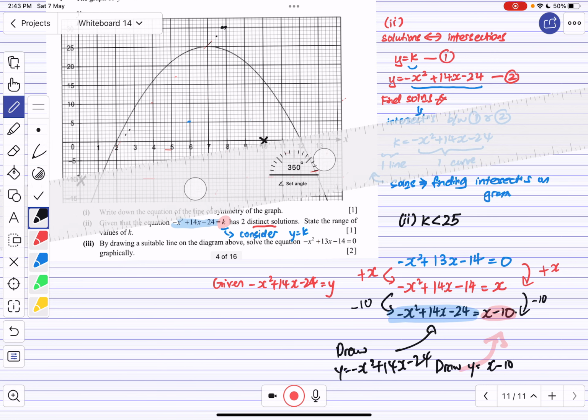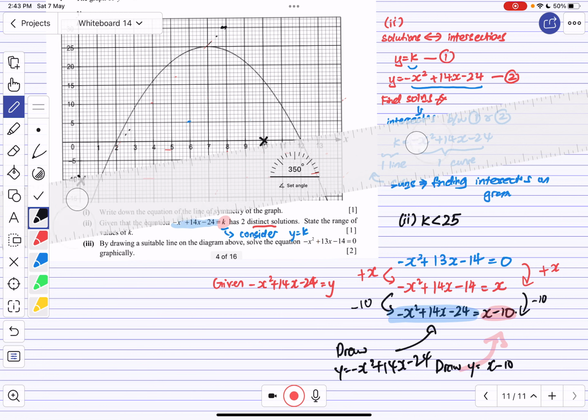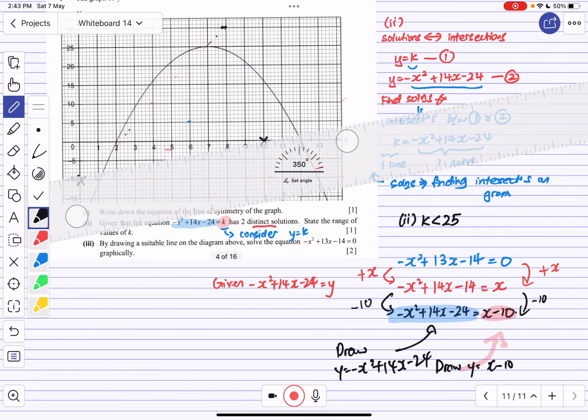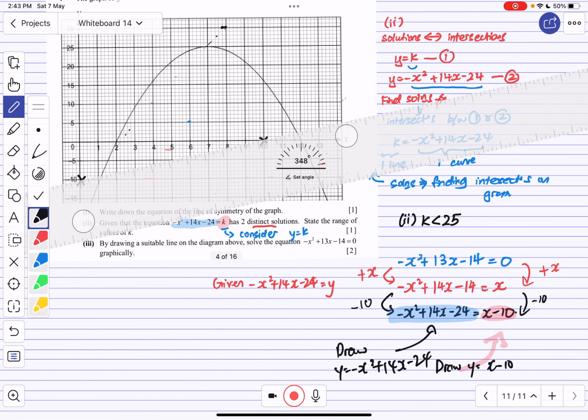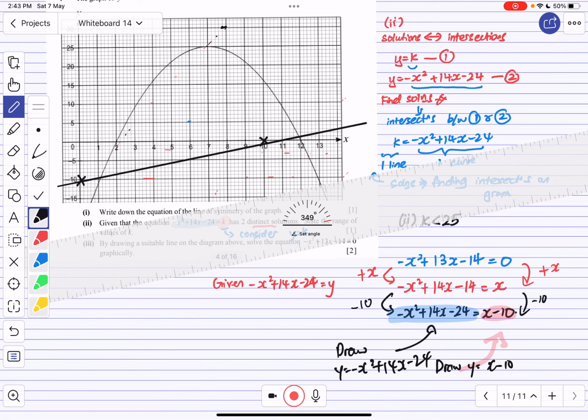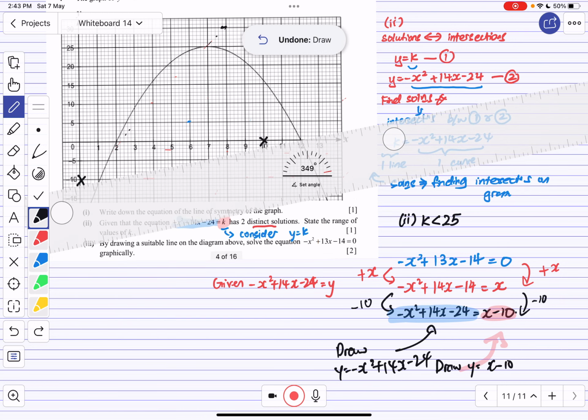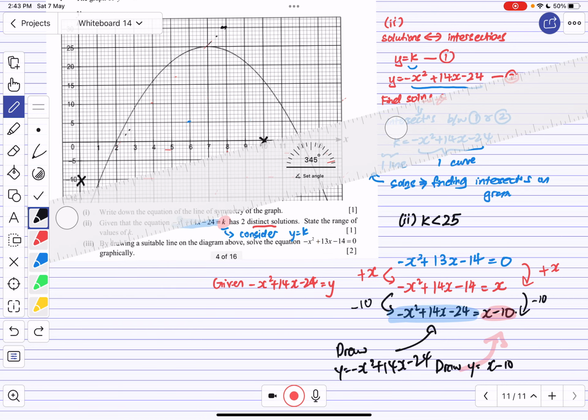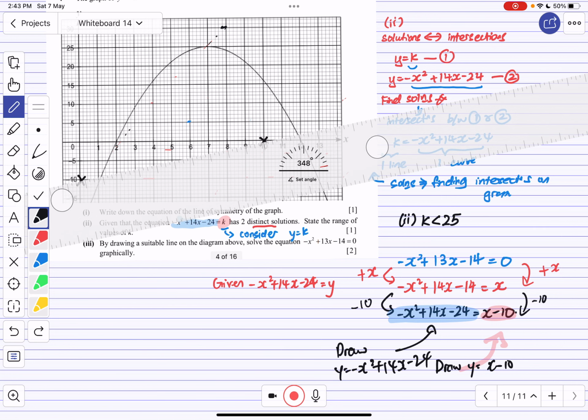It must pass through at least 2 points, these 2 points over on this part. Oh sorry, I didn't draw it so well, but pardon me because I'm using an iPad; with your pencil it should be better.